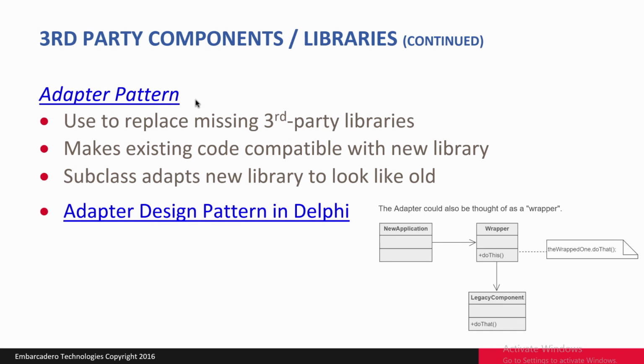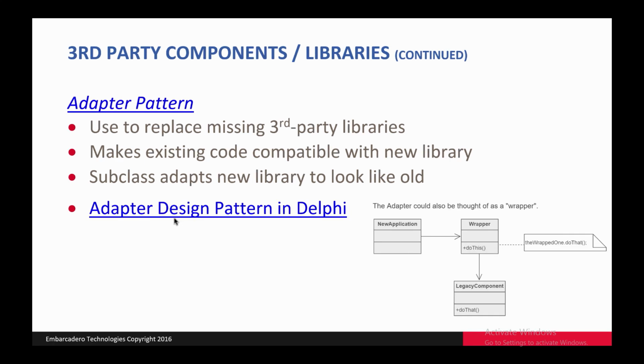The last topic on third-party components that I want to briefly discuss is, after searching for all the third-party components and libraries you used in your legacy applications, if you discover you must replace a library or component with a new one because you cannot find that specific third-party component or library, then consider using an adapter pattern to make the old library compatible with the new one.